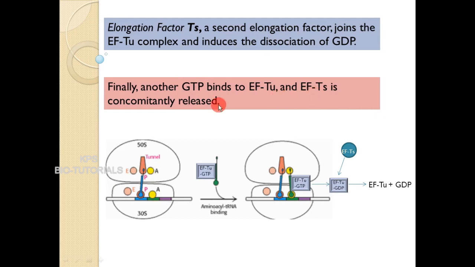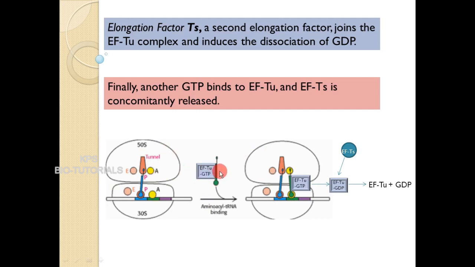So the function of EF-Ts is to dissociate GDP from the EF-Tu and to make EF-Tu free so that it can bind with another amino acid tRNA. That is given in this diagram.